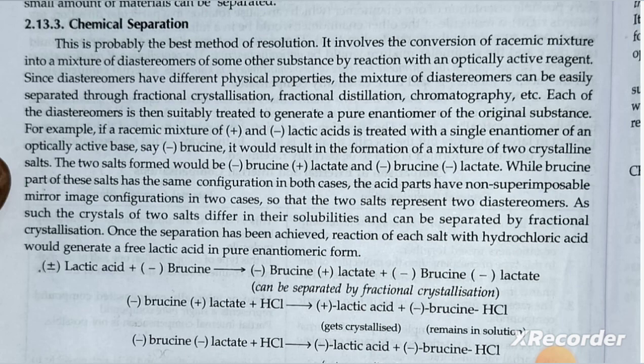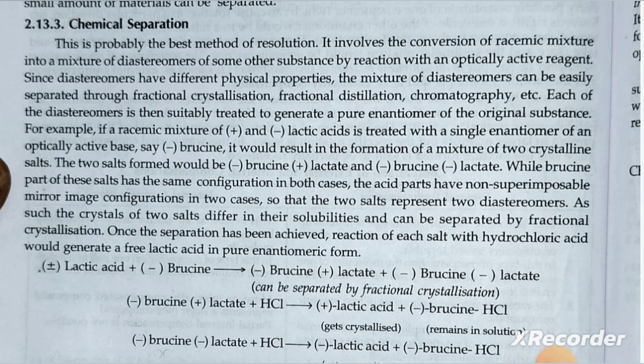Once the separation has been achieved, reaction of each salt with hydrochloric acid would generate the free acid in pure enantiomeric form. Plus minus lactic acid plus minus brucine give rise to minus brucine plus lactate and minus brucine minus lactate, which can be separated by fractional crystallization.